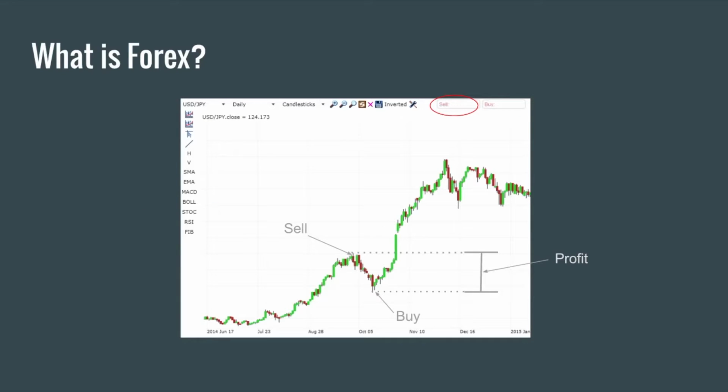Vice versa, similarly to short selling in the stock market, you can also short sell or sell currency pairs, and so you want to sell a Forex pair at a higher price than what you buy it back. You want to buy it back at a lower price, and that difference will be your profit.